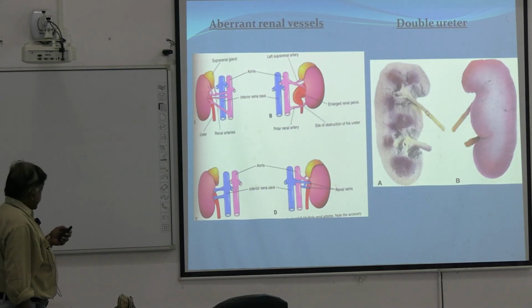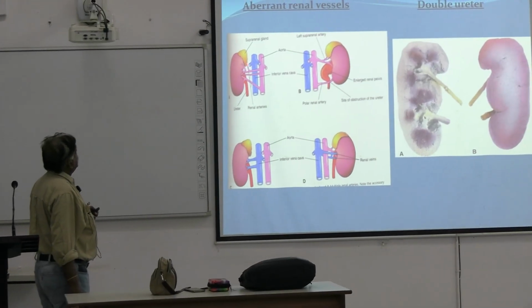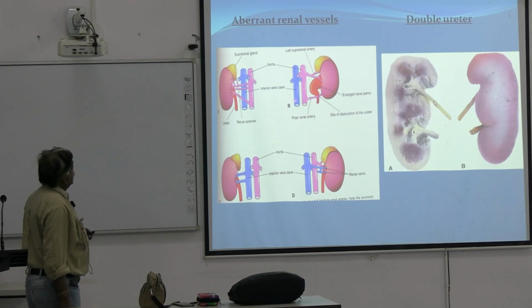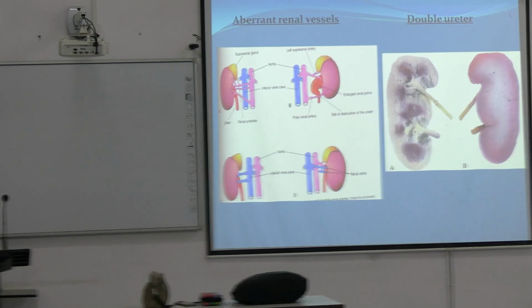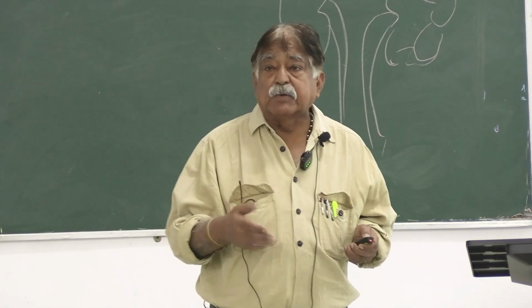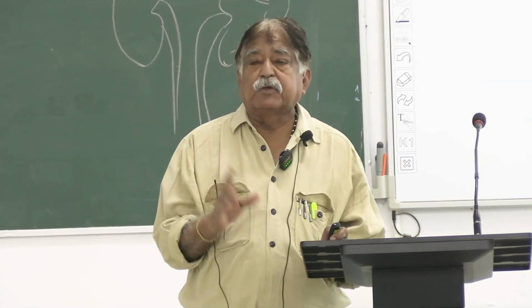Now, aberrant renal vessels. See the different renal vessels, and see the left suprarenal artery, the left polar renal artery, and you see that this can occur. At times you will see this when you dissect dead bodies and try to locate the kidney, try to dissect out the blood supply of the specific kidney, right or left.